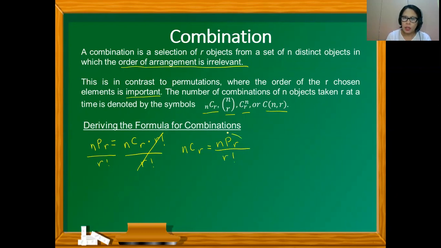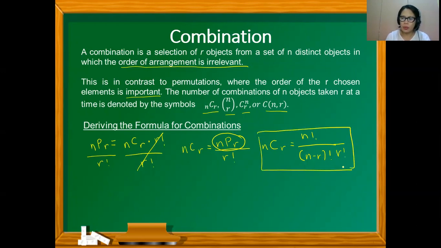By substituting the formula for permutation, we have combination of n taken r equals n factorial all over quantity n minus r factorial times r factorial. So this is the formula that we will be using whenever we solve for any combination problem.